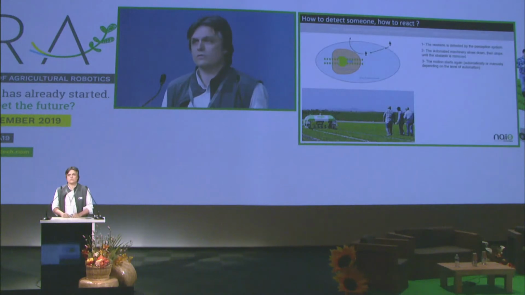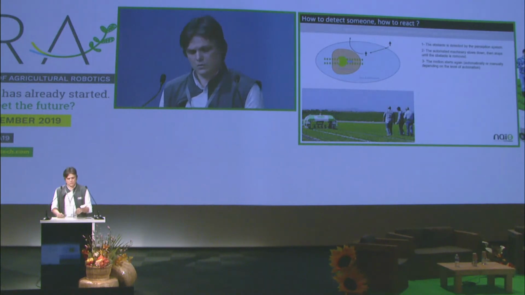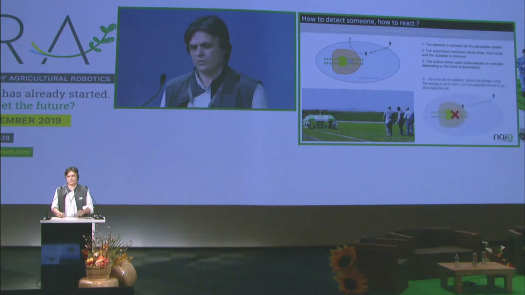When you look at the regulation, legislation, if an obstacle, a human, goes into a danger area just near the machine, you need to shut down the power. So in that case, you are going to disrupt all of the function, you are going to shut down the energy, and you need to have a guy who is going to come and launch again the work on the field. So it's not really automated.